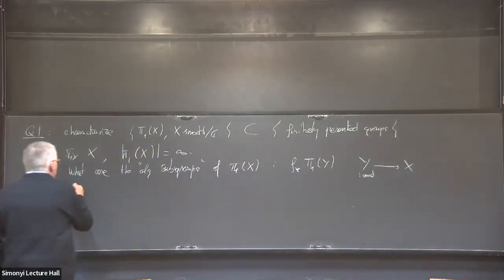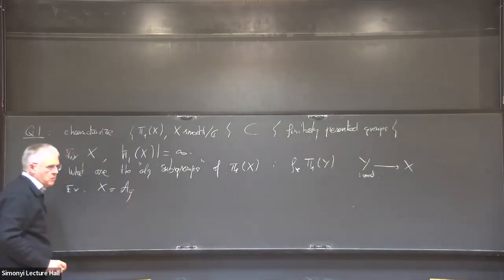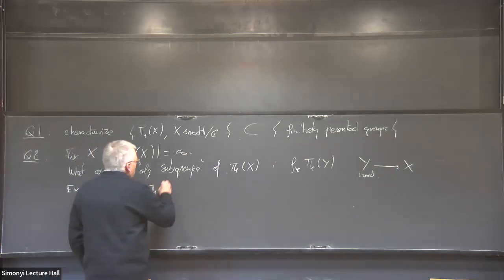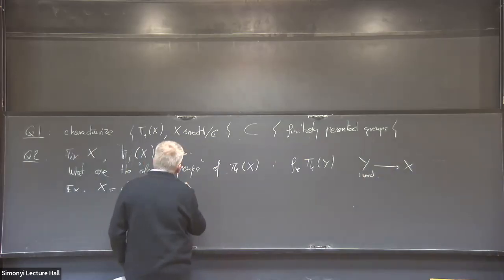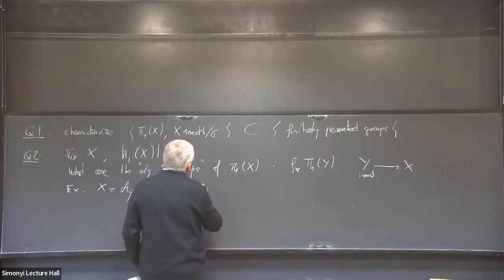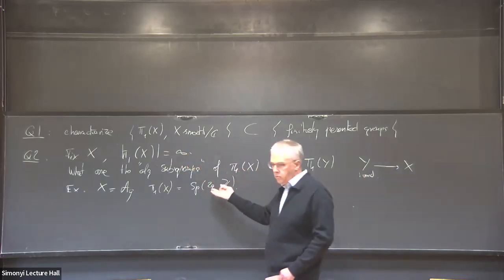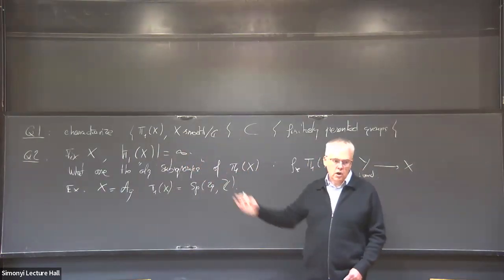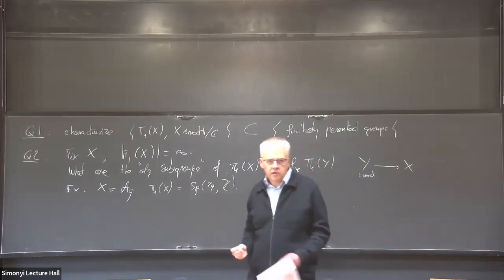Even for example, let's take A_g. Then pi 1 of X is Sp_2g(Z). And then you can ask what are the subgroups of Sp_2g(Z) which are images of some algebraic varieties mapping to A_g, and there is nothing to say about that.